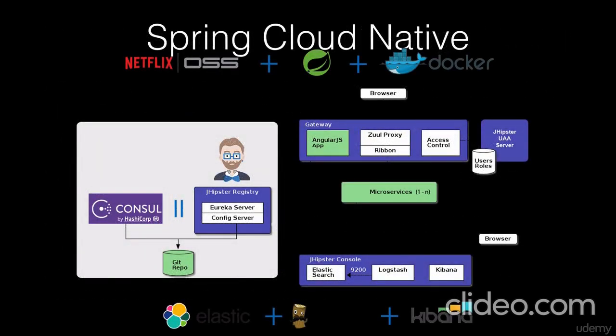Now, I stole this diagram right from the JHipster guys because I think it's really good. We hear the term cloud native. The Spring guys definitely like to talk about cloud native. And this is a good overview of what that involves. Netflix has been a huge contributor to the components within Spring Cloud, so there's a lot of cool stuff there. And what we have is a distributed architecture, probably going to be deployed in Docker containers.